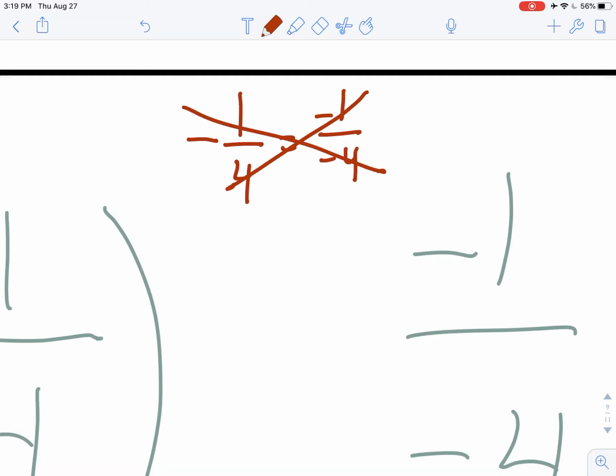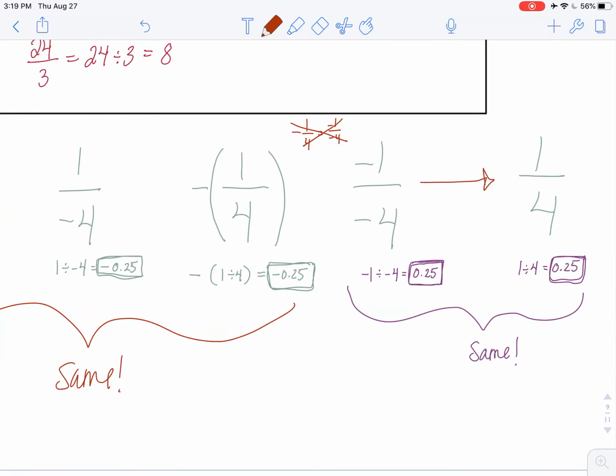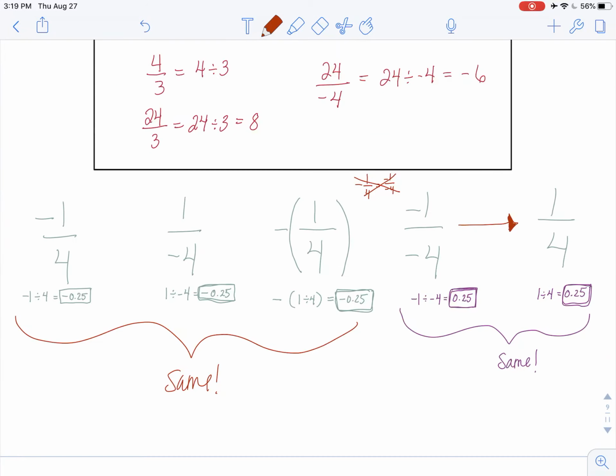But this couldn't be more inaccurate, because a negative over a negative actually means it's a positive. A negative on the outside means the fraction is negative. My answer is negative, not both numbers. So you can either say, okay, well, the 1 is negative or the 4 is negative. But it is never, ever, ever both negative 1 and negative 4 if there is a negative outside the fraction.